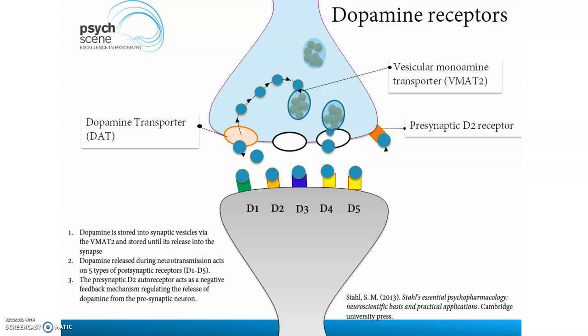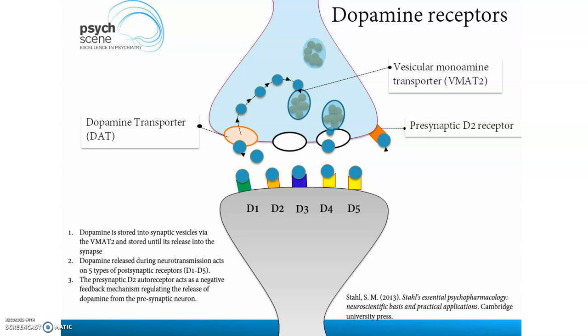That will lead to an increased amount of calcium ions in the presynaptic neuron, which will lead the vesicle to move towards the terminal end. From there, the dopamine stored in the vesicle will be thrown out of the presynaptic neuron by means of exocytosis. Now the dopamine is present in the synaptic cleft.